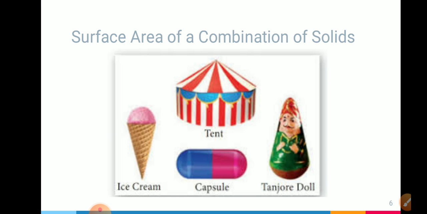Again, to calculate the surface area of a tent, which is a combination of cylinder and cone, an ice cream cone, which is a combination of a cone plus a hemisphere, a capsule, which is a combination of a cylinder and two hemispheres, a Tanjore doll, which is a combination of a cone plus a hemisphere.